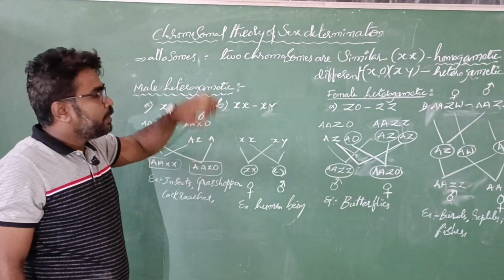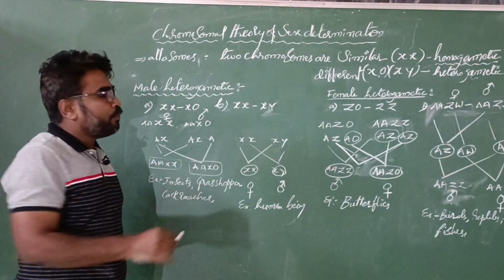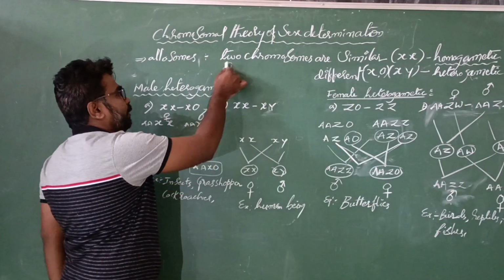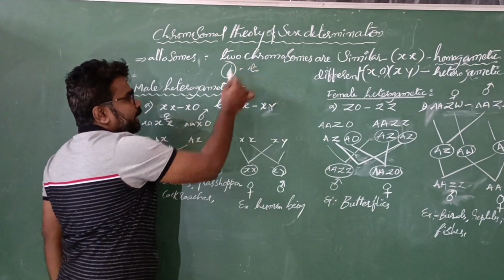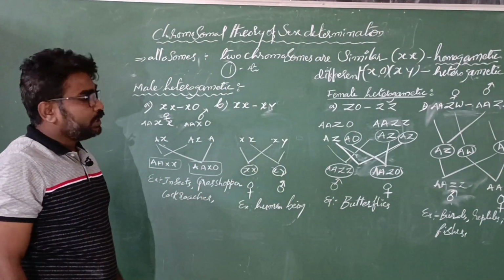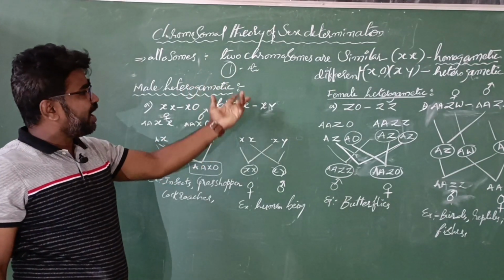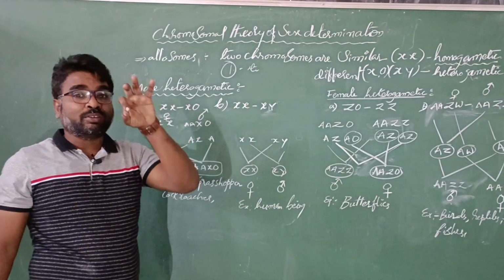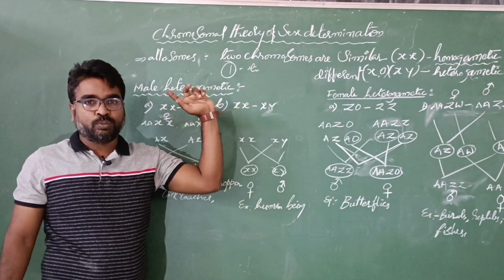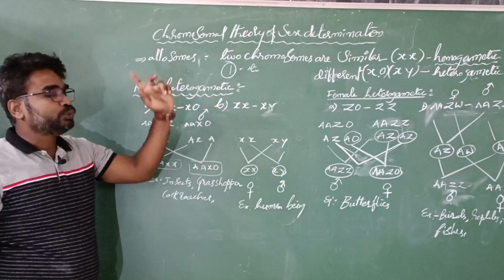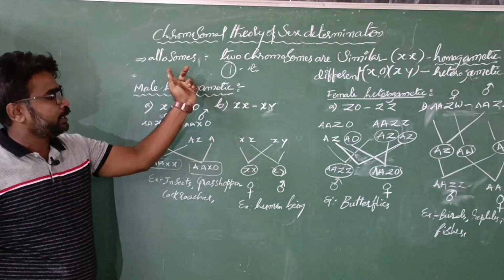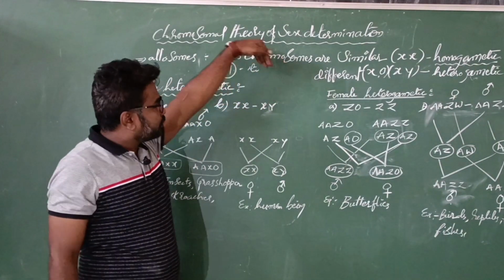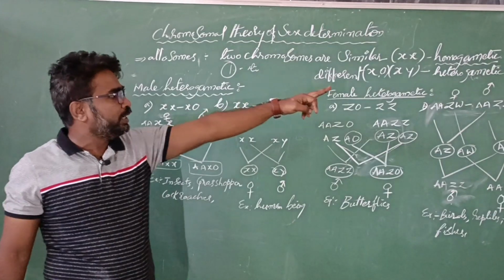For example, we already know one pair means two chromosomes. In these two chromosomes, the chromosomes are similar in structure. We are talking about sex chromosomes, that is, allosomes.